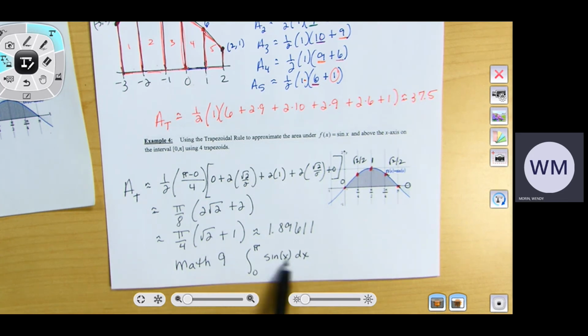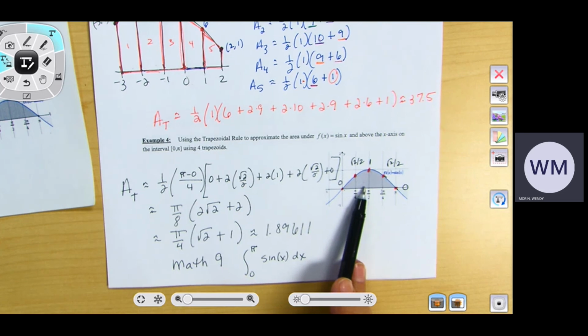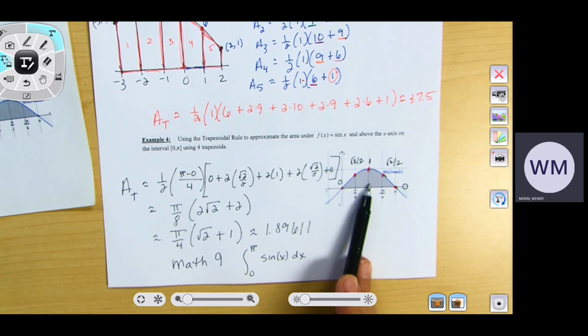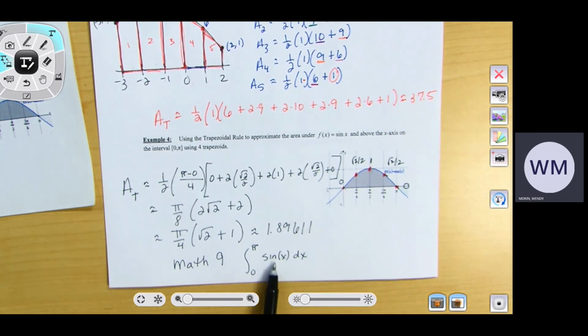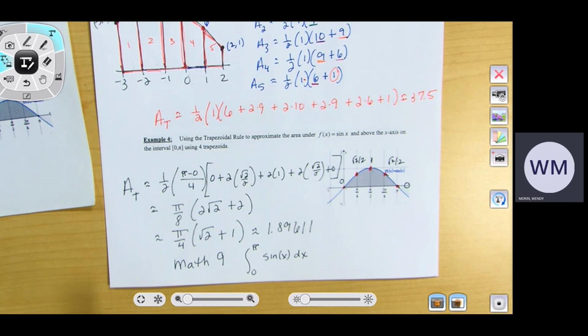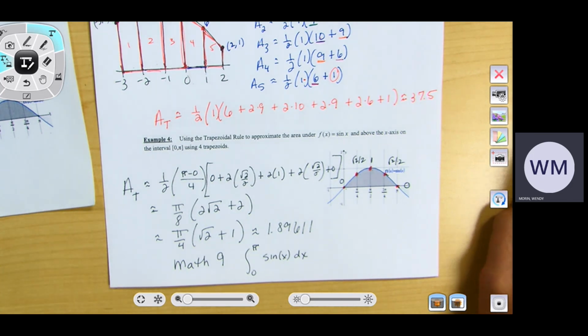This basically does an infinite number of rectangles underneath here. So this is calculating the area under the curve by doing an infinite number of rectangles. It should be very close to this. That is midpoints and trapezoids.